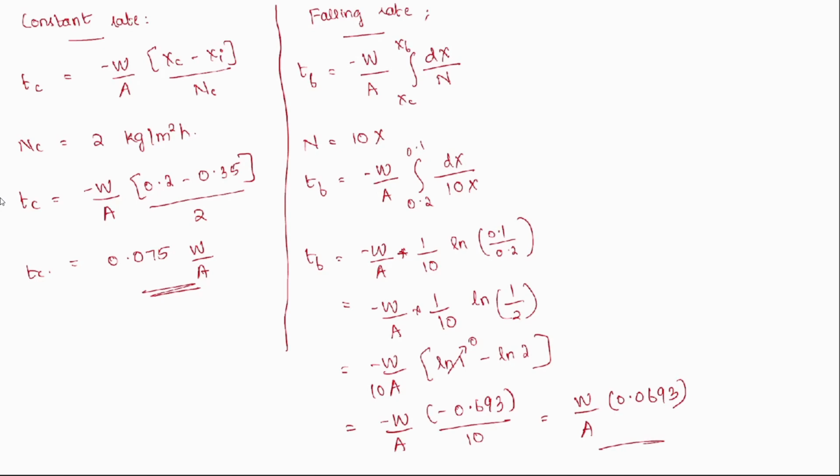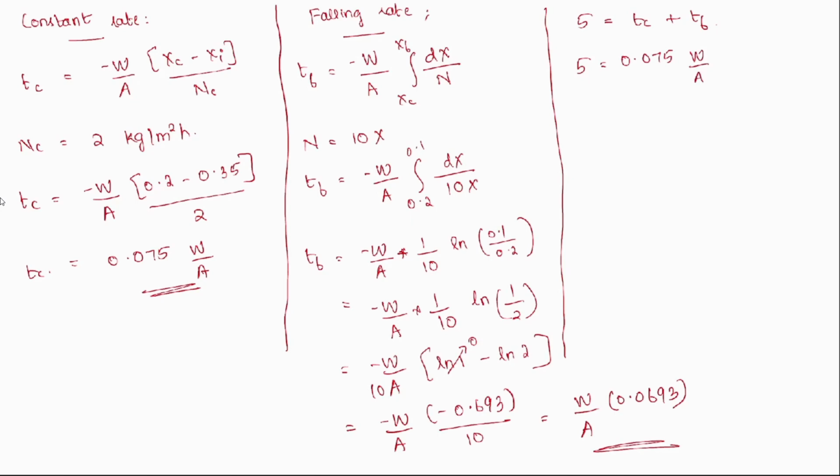Okay, so now what we basically did here is we found out the time for constant rate and falling rate in terms of W by A. Now what we have to do is go to the total time required. The total time required is given as 5, which is Tc plus Tf.